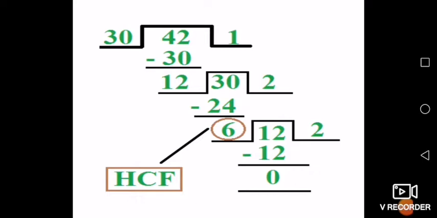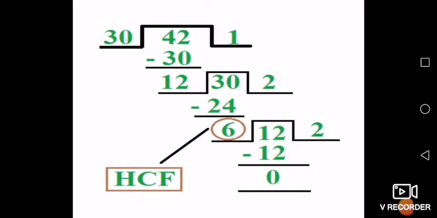Now 30 one times is 30. You will get 12. Now 12 is the remainder of the first step, but that remainder will become the divisor for the second step, and the previous divisor will become your dividend. It will come inside.